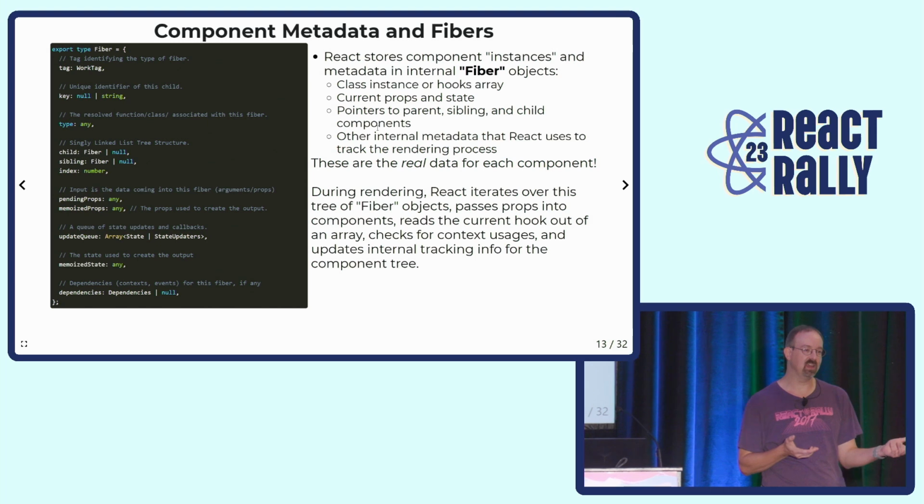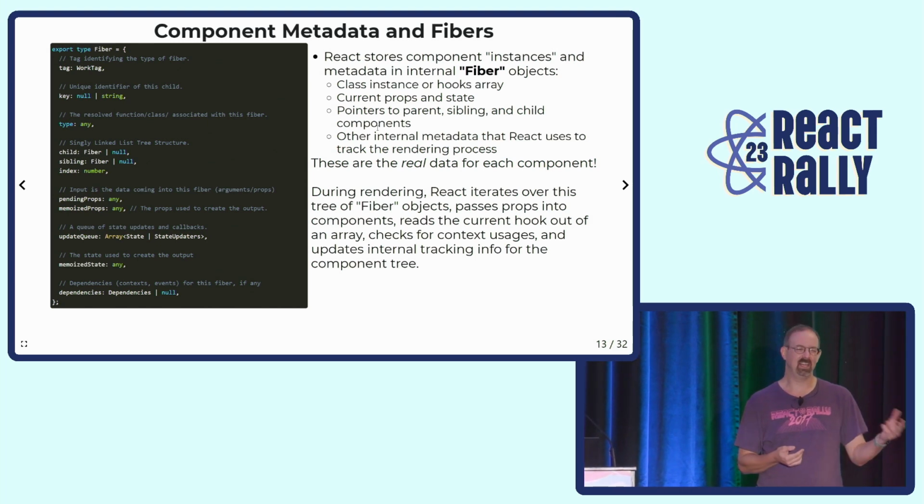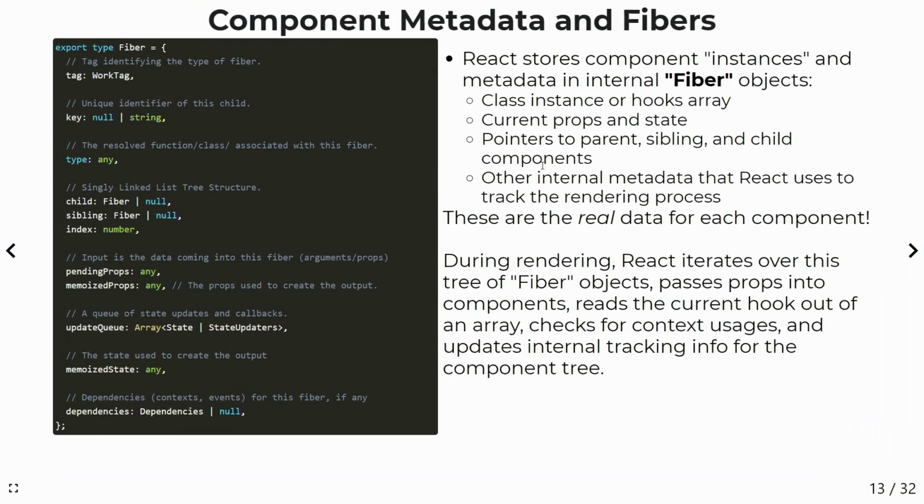Now, we know about function components and class components and even the really old React createClass way of defining components. But in a very real way, those aren't even real. Those aren't actually the component. React keeps all the data about every single component instance in an internal object called a fiber. And you might have even heard the term React Fiber. It was both a code name for the work that went into React 16, but also the name of this internal data structure.